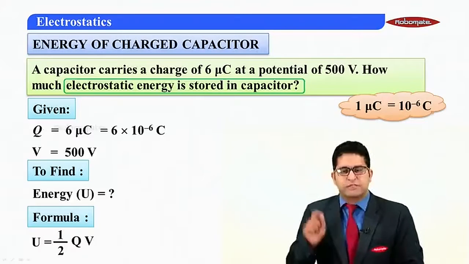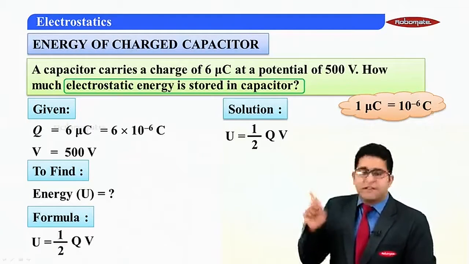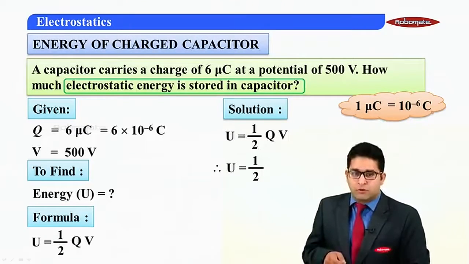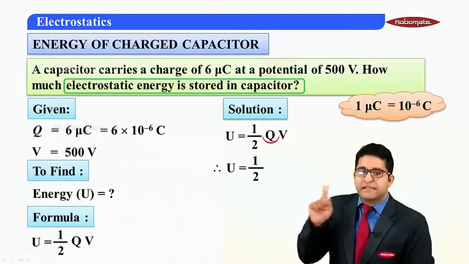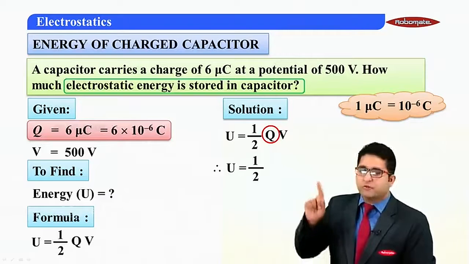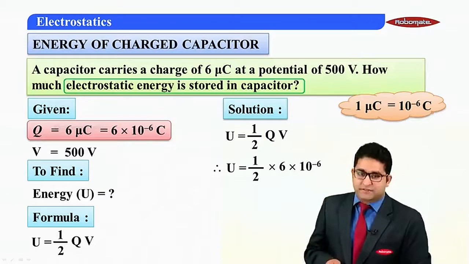Let us start with the solution and write down the formula first. Now students, see the given data. Do we know the value of Q? Yes, it is 6 into 10 raised to power minus 6. So I'll get U is equal to half into 6 into 10 raised to power minus 6.